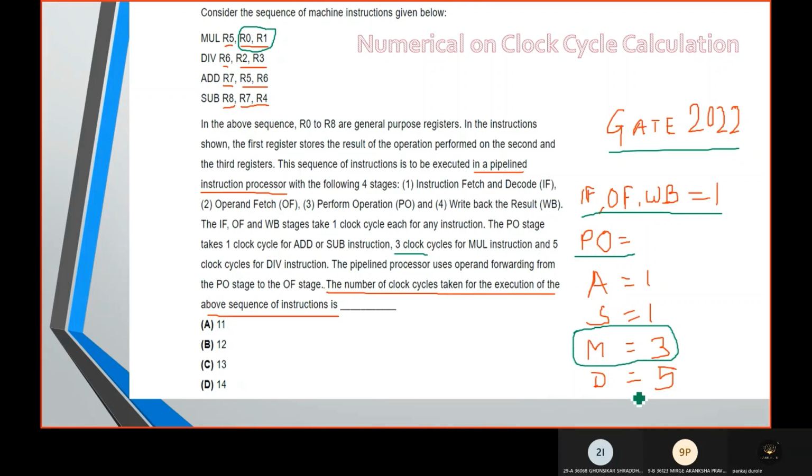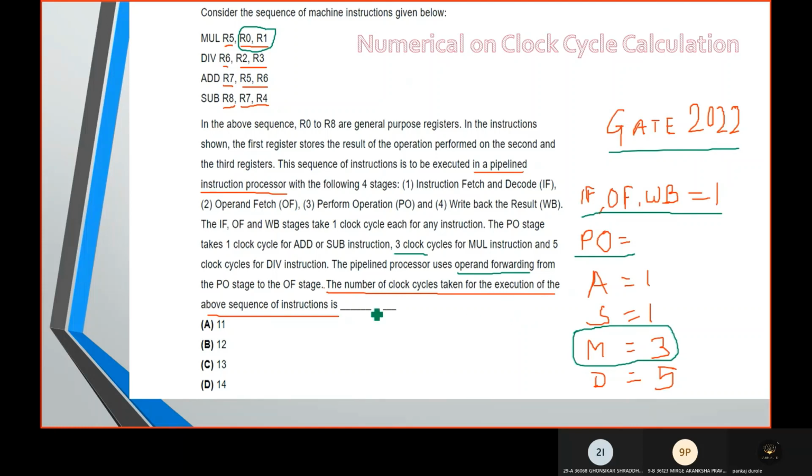The pipeline processor uses operand forwarding, where the result we got in the previous operation is used in the next operations, from the perform operation stage to the operand fetch stage.